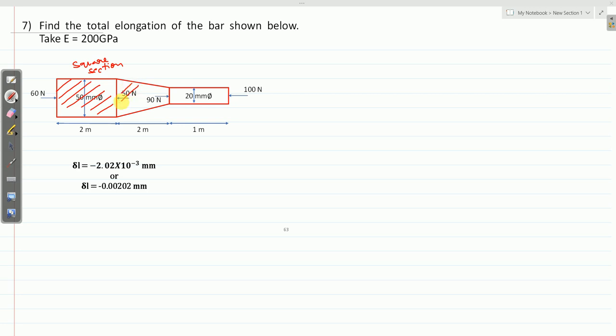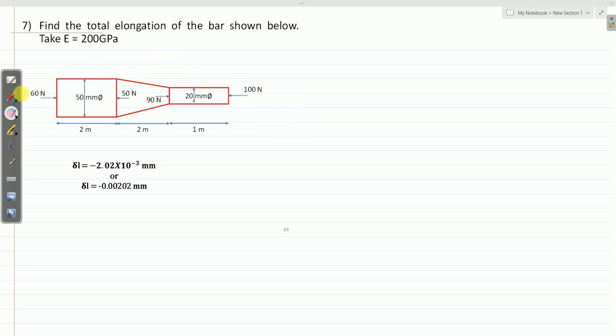So this second part is uniformly tapering circular section, and at the end this part is again square section. So by observing the diagram we can identify the type of section. Clear?